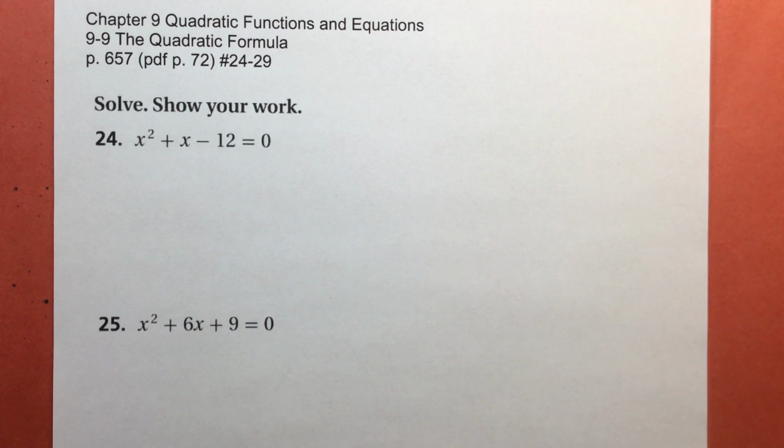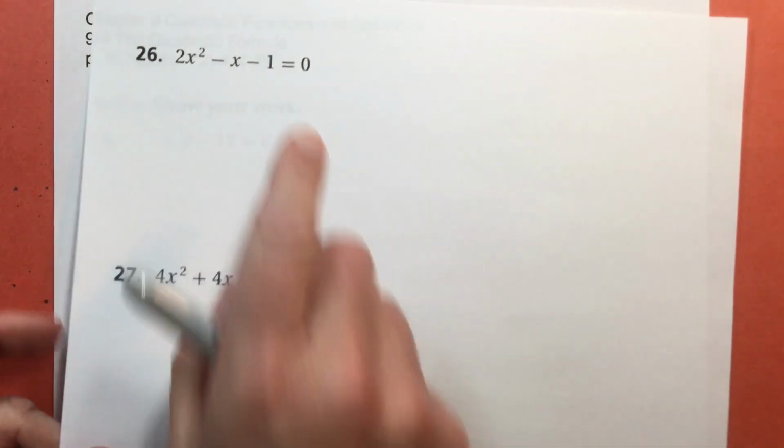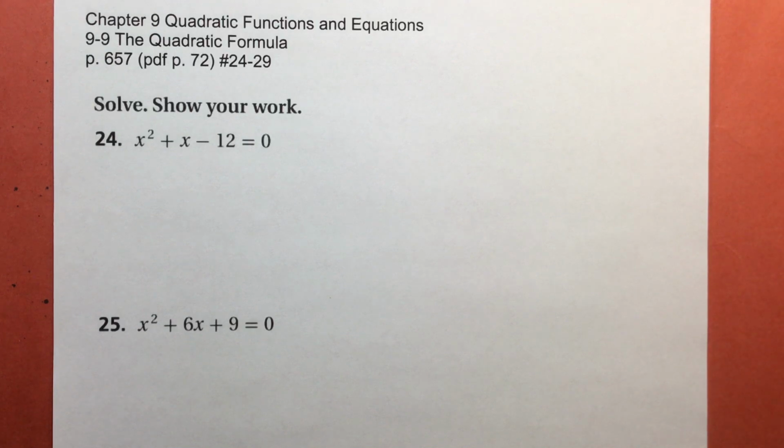Square roots, section 9.7, only work if I don't have that x term. So if I look at my examples here, I'm not going to be able to use the square root. However, I can use the square root if I first complete the square and make a perfect square trinomial.